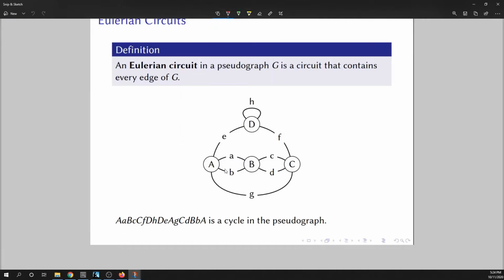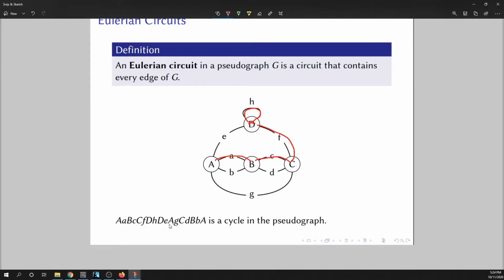All right, so here we're going to start at A. And we're going to go from vertex A to vertex B using edge A, and then from vertex B to vertex C using edge C, from vertex C to vertex D using edge F, then from D to itself using edge H, or the loop H rather, same thing, but to be more specific, it's a loop, right?